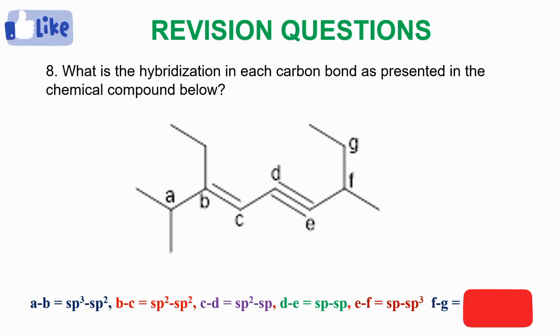EF is sp, sp3. While FG is sp3, sp3. So the carbon atom is one single hybridization. Carbon bond is two hybridization, which is the hybridization of two atoms connected by a bond. I hope that's clear.